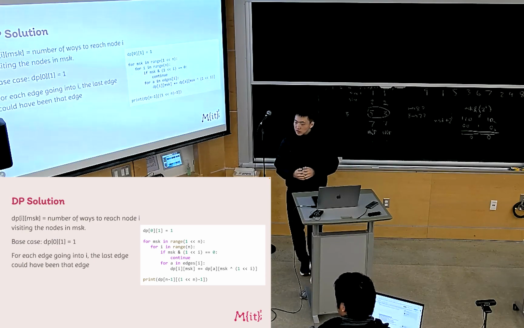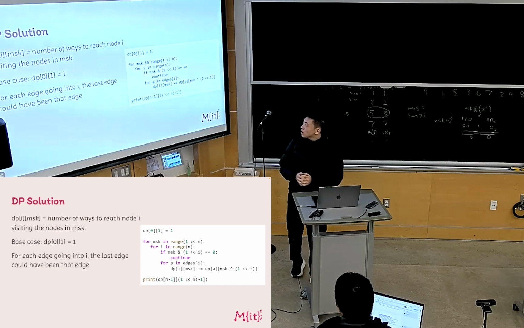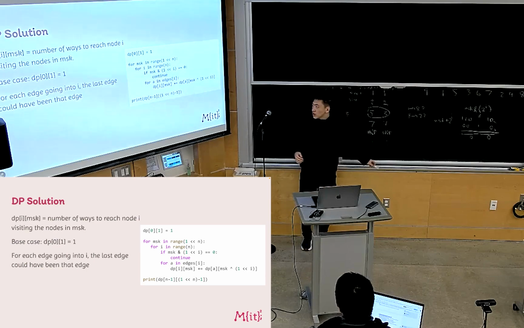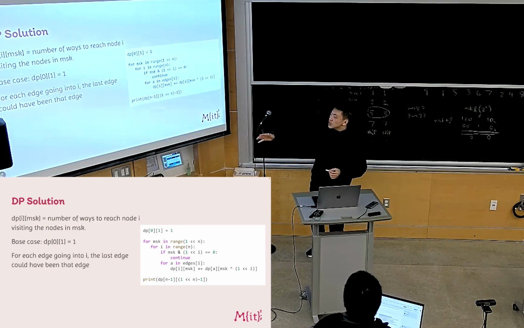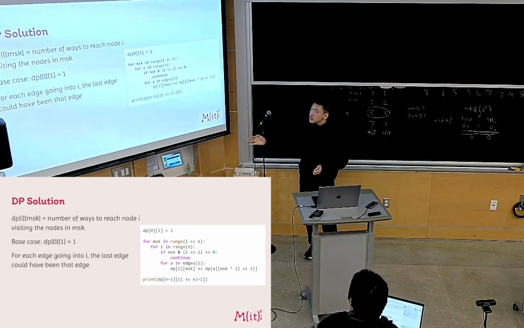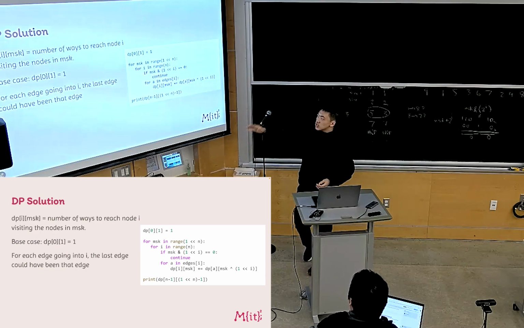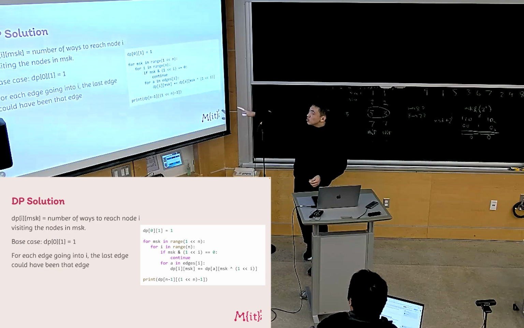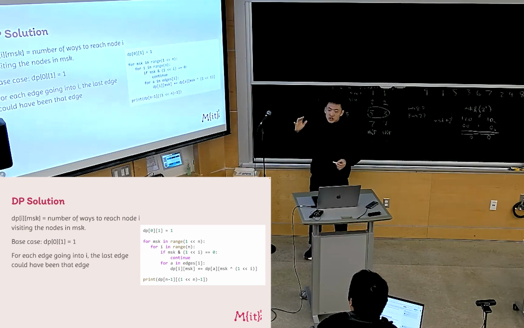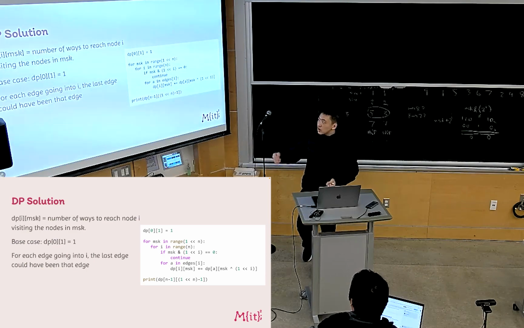Do you have to check if A is somewhere we've already visited? So in the code here, we actually don't check if A is already visited. The reason is that we don't need to, because if A wasn't already visited, then when we were at the state A and mask without 2 to the I, that mask doesn't contain A, and so it automatically returns 0 at that state.